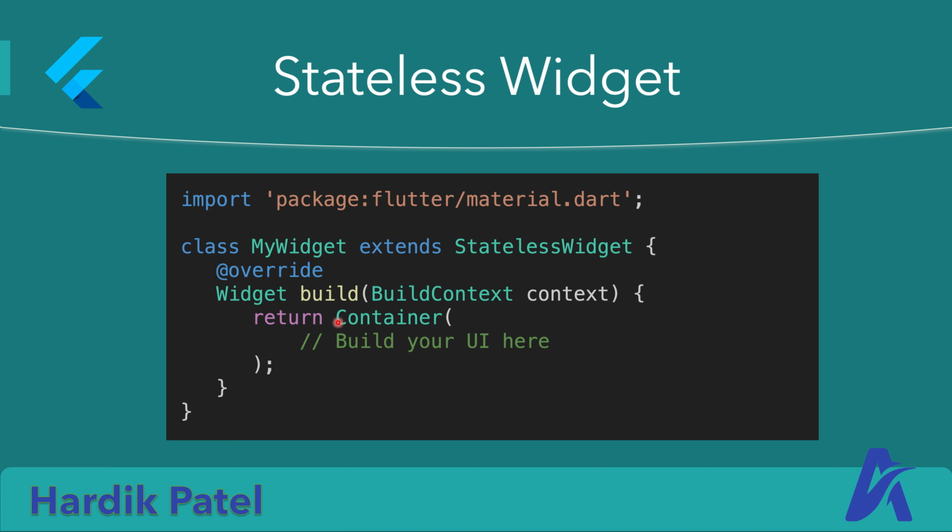Currently I have just put one blank Container class. Instead of that, you can build your own widget using inbuilt widgets. You can use Scaffold, Column, Row. There are so many widgets available.